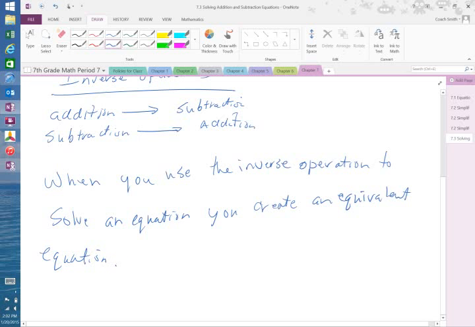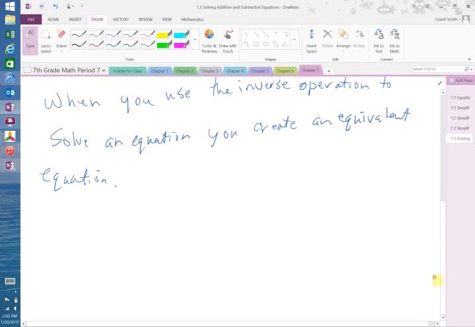Okay, I'm going to show you what that means here in just a second. So let's look at a very simplistic example. y plus 4 equals 22. So some number, I add 4 to it, and I get a total of 22.